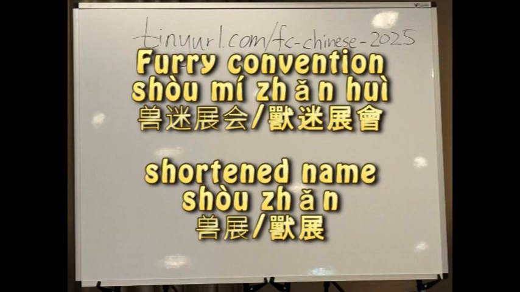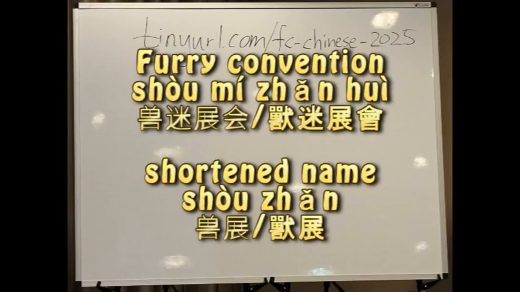John. So I guess another interesting language point here. In English you have furry convention, and you could shorten that to fur con, right? In Chinese you can do the same by shortening, in most cases, to the first character. So for example, 寿展 here. The full name is likely 寿迷展会.